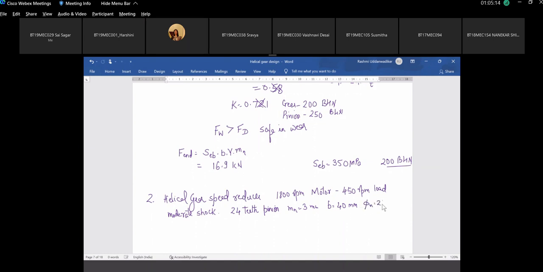Normal pressure angle is 20 degrees and helix angle is 23 degrees. Both the gears, that is gear and pinion, are made out of SAE 2320 steel with case hardening.